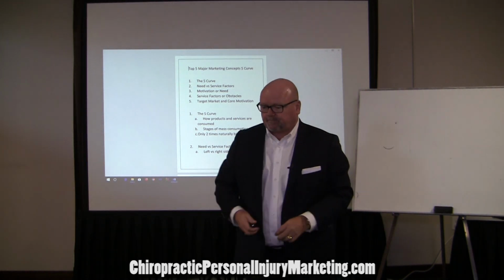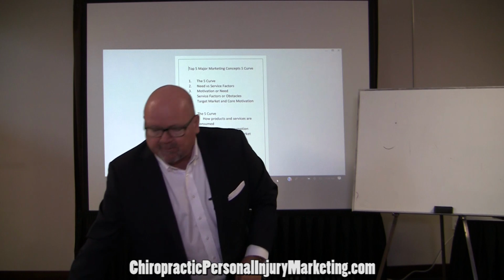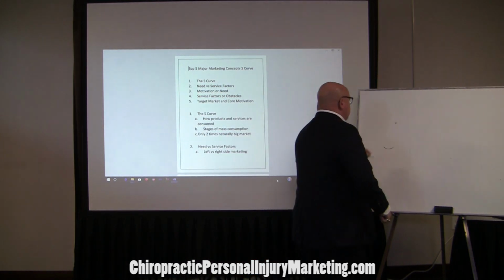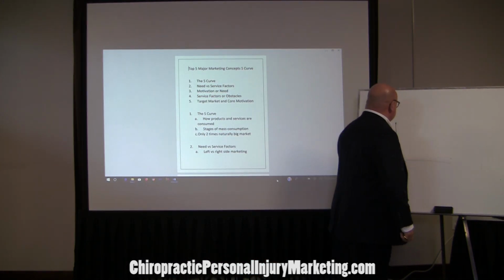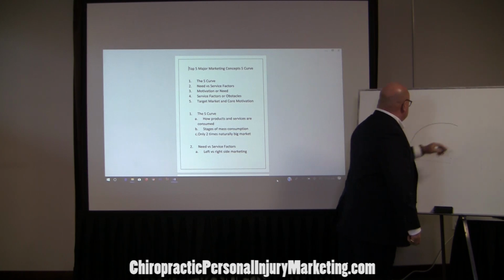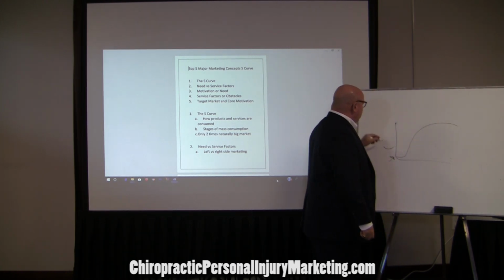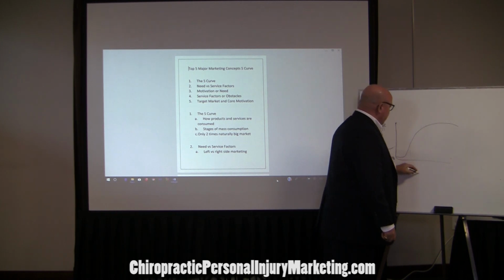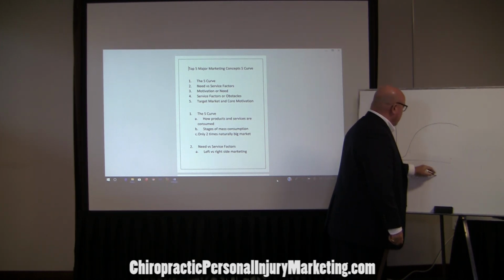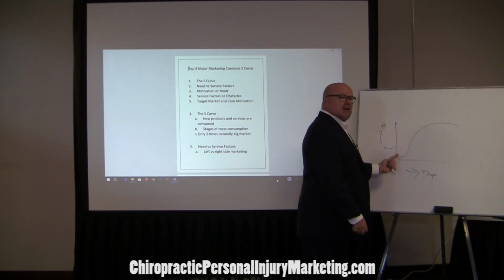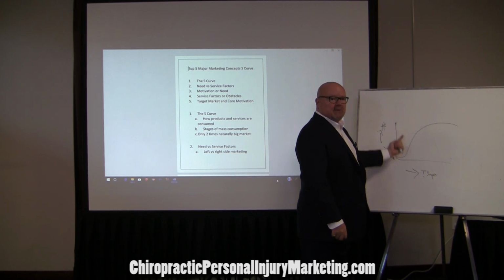So when we talk about the S-curve, it's how products and services are consumed. Products and service enter the market here. This is the number of people that are utilizing the product or service, and this represents time. Time is this way. Number of people utilizing it this way.